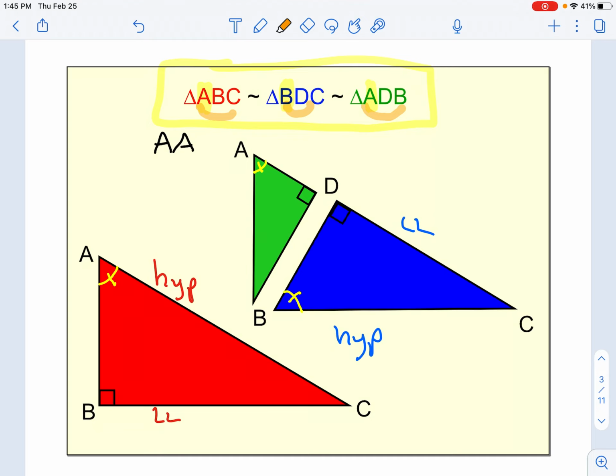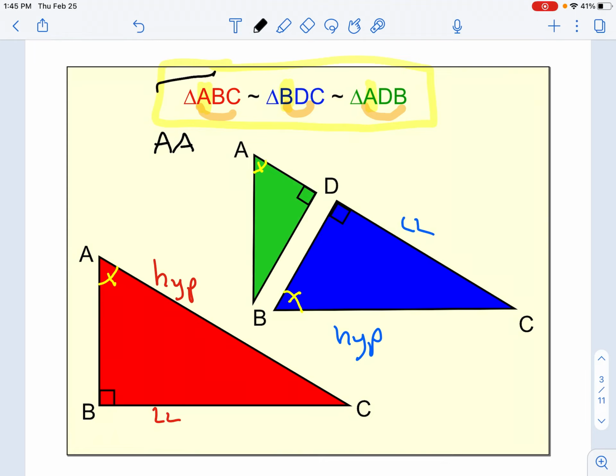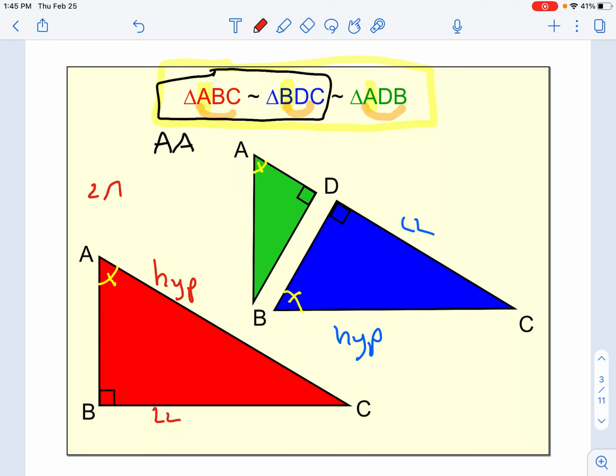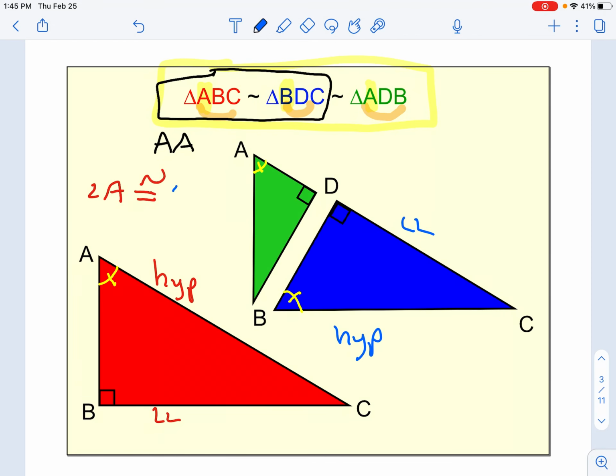And so we could actually fairly easily prove these two triangles similar. Let's just start with these two right here, the blue and the red. We know that angle A, maybe I'll color code this with the colors. So in the red triangle, angle A is congruent in the blue triangle to angle B. And we also know the right angles are congruent.